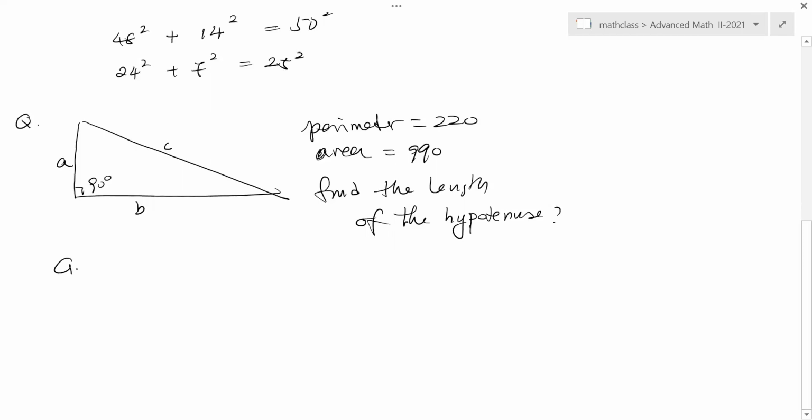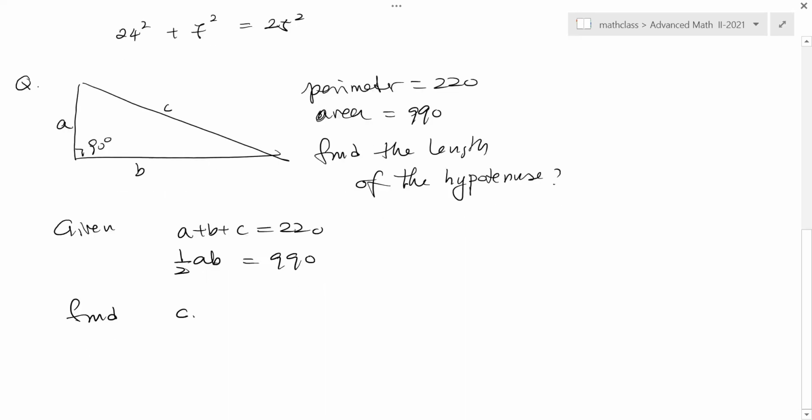Given A plus B plus C equals 220, and the area is half of A times B, which is 990. Then you want to find out C. You can also find out maybe A and B. That's my next question: can you uniquely determine A and B if you already know the C?